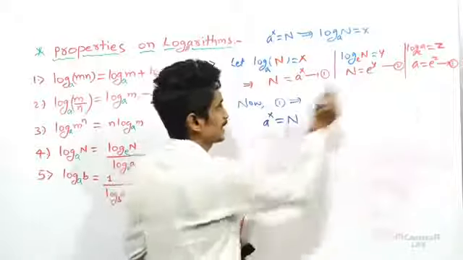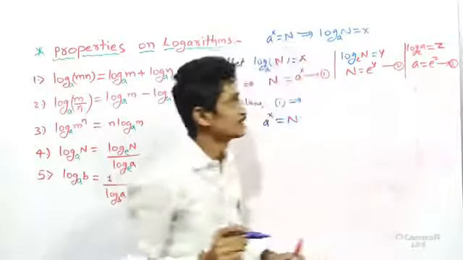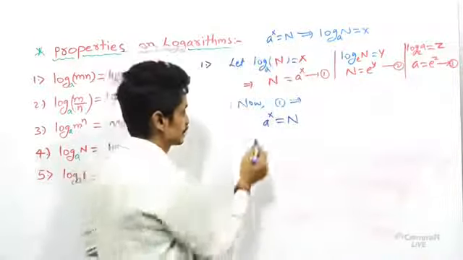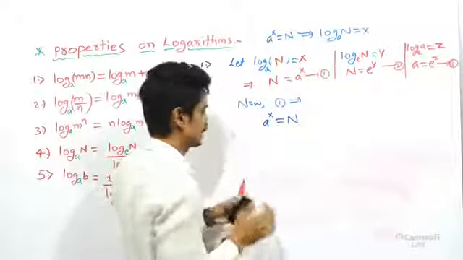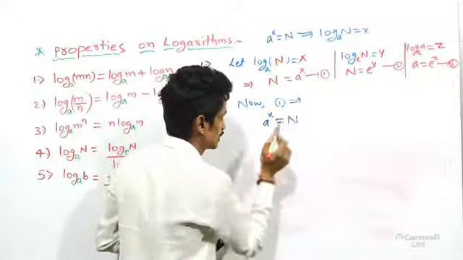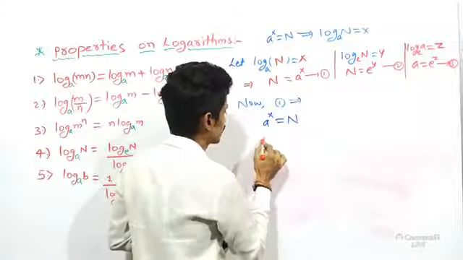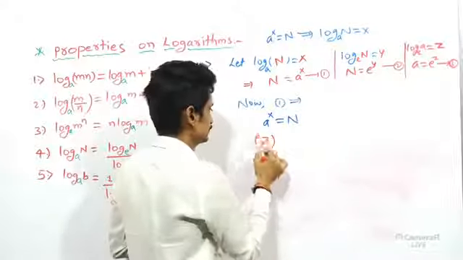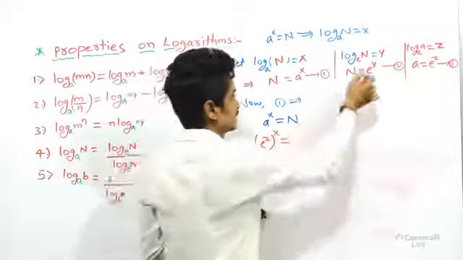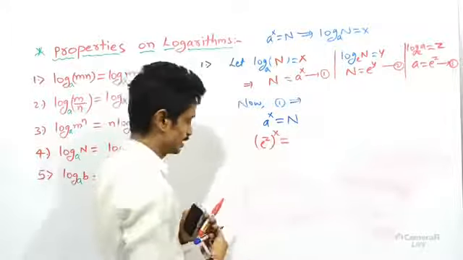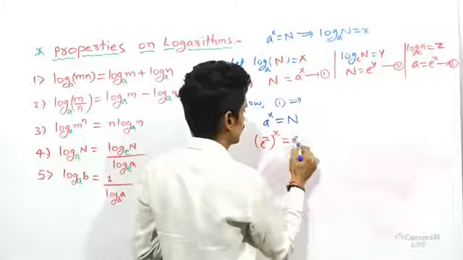And what is actually a value? A value will be e power z. I will rewrite. A value I have e power z. So replacing here a value, according to equation 3, e power z whole power x equal to, what is n? N is nothing but e power y.